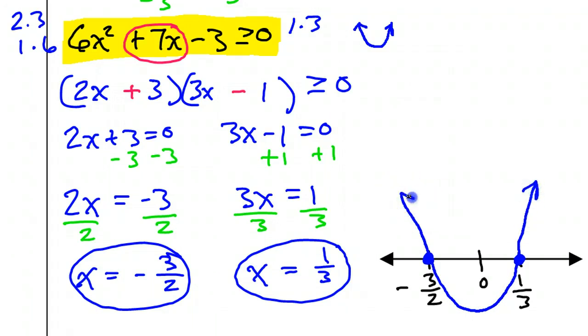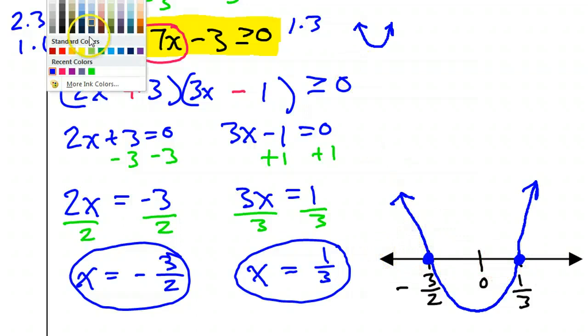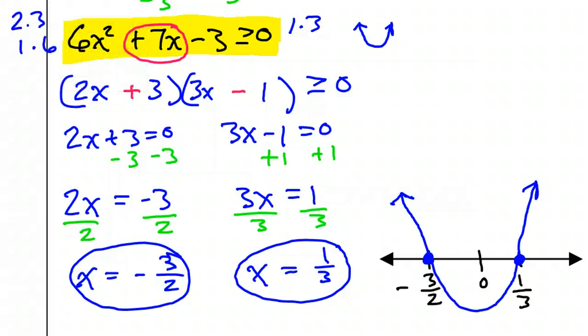Okay. Now, we want to know where the function is greater than or equal to 0. So when we say greater than or equal to 0, graphically we're talking about above 0. In other words, above or on the x-axis. Okay? So because we're accepting values that are equal to 0, let's start by coloring in the zeros themselves.